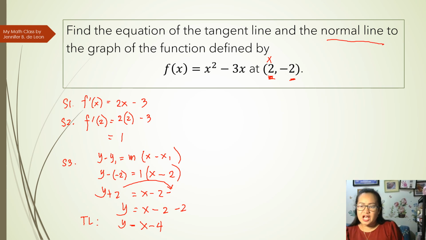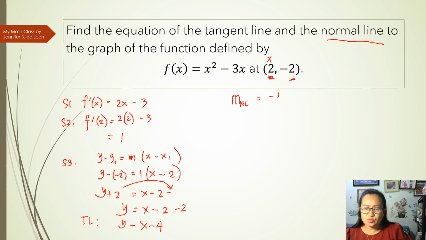Now looking at the second problem, where we are asked to find the normal line. Remember that the slope of the normal line is the negative reciprocal of the slope of the tangent line. So if the slope of the tangent line is 1, therefore the slope of the normal line is negative 1.